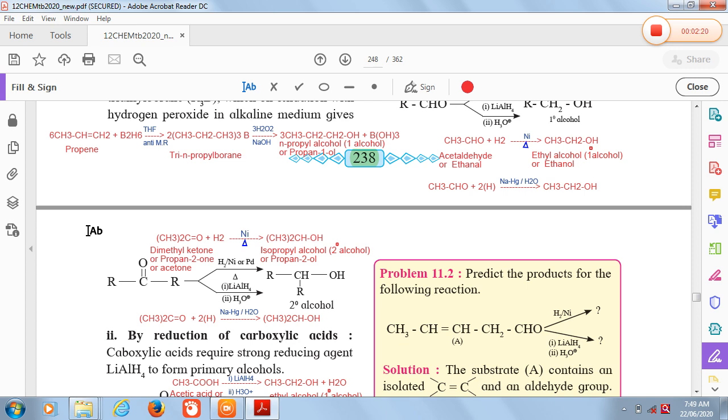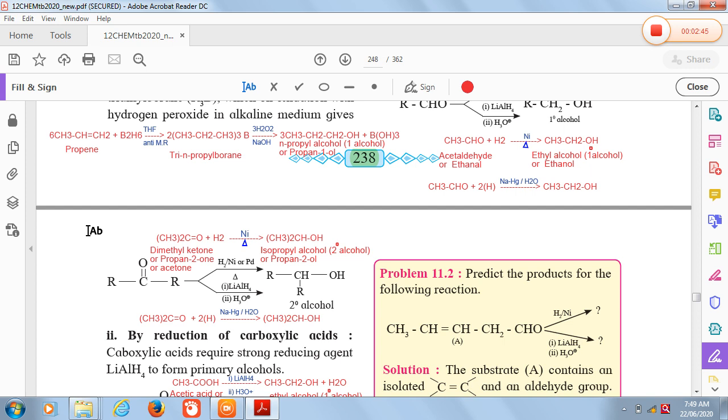(CH3)2CHOH, or CH3CHOHCH3. So your product is isopropyl alcohol or propan-2-ol. This alcohol is a secondary alcohol. So propan-2-ol is obtained when acetone, which is a ketone, is reduced.